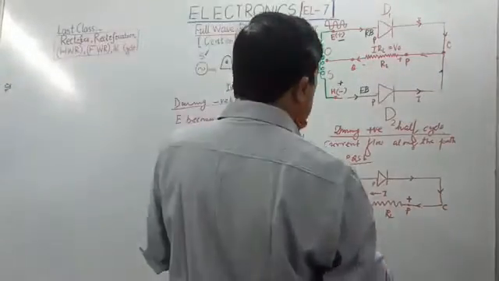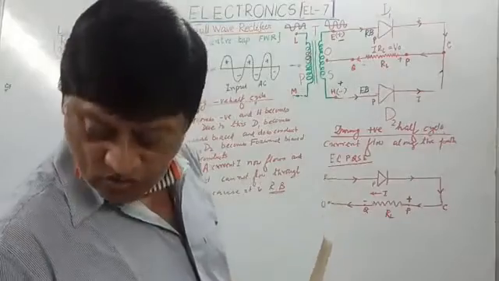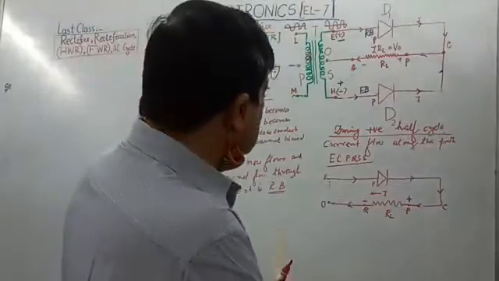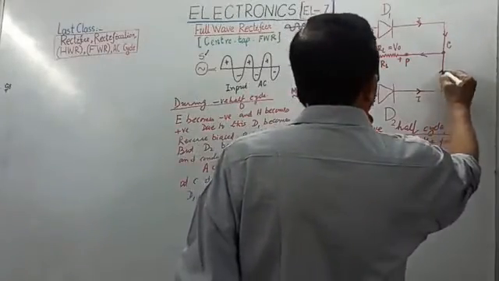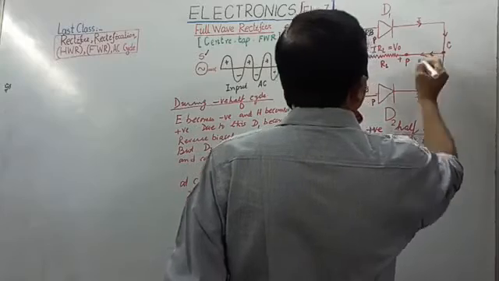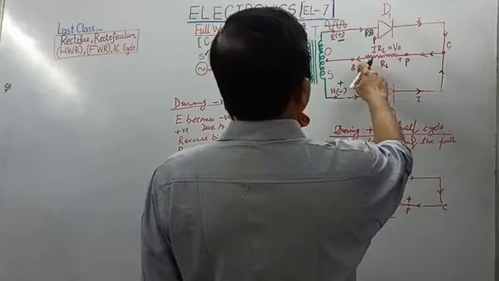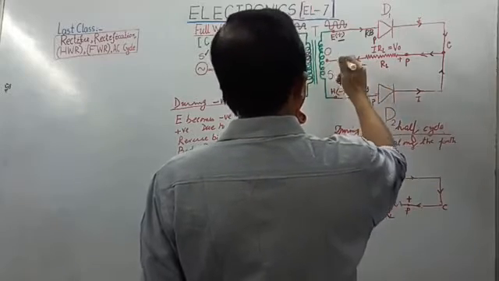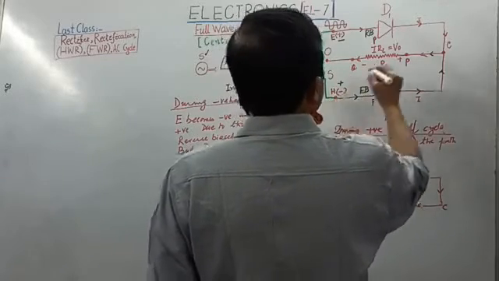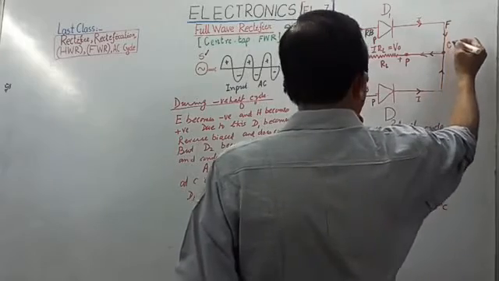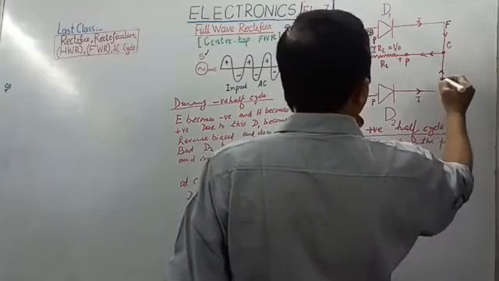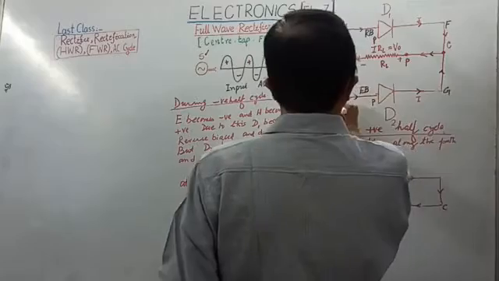So it has to go through from C to P, then through RL, then to Q, then to this, and finally EF GH.